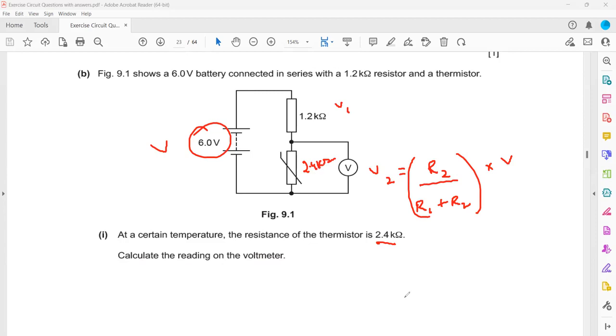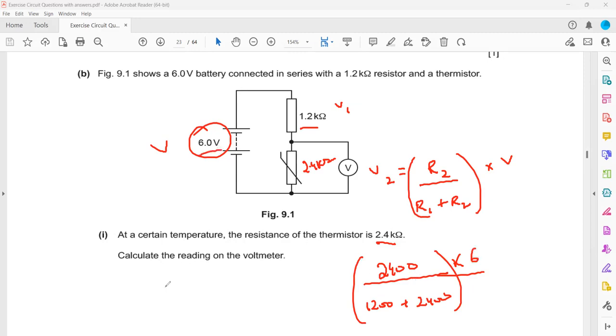It is 2.4 kilo ohm, which converts into 2400 ohm, divided by the sum of the resistances, 1200 plus 2400, multiplied by the total voltage, which is 6. When you simplify, this will be 2400 divided by 3600 times 6.